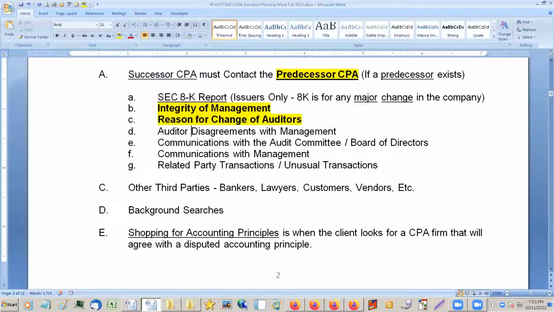Sometimes you have auditors retire, or lost their license.